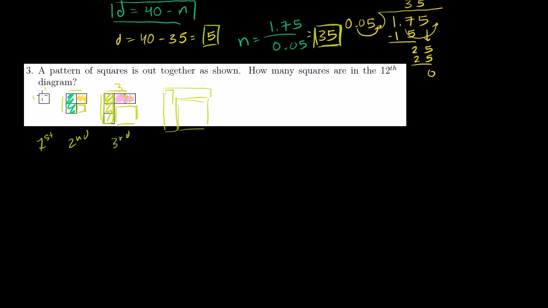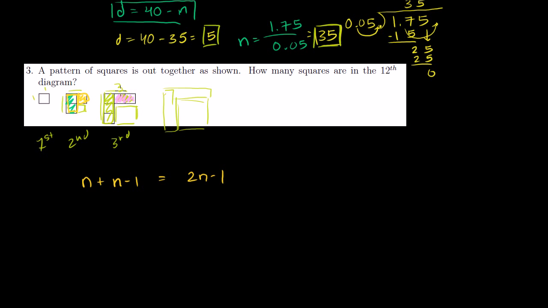And then here I have 1, and then I have 1 minus 1. I have nothing. So in general, the number of squares, for any n, is going to be n plus n minus 1, which is the same thing as 2n minus 1. And it works, right? 2n minus 1.